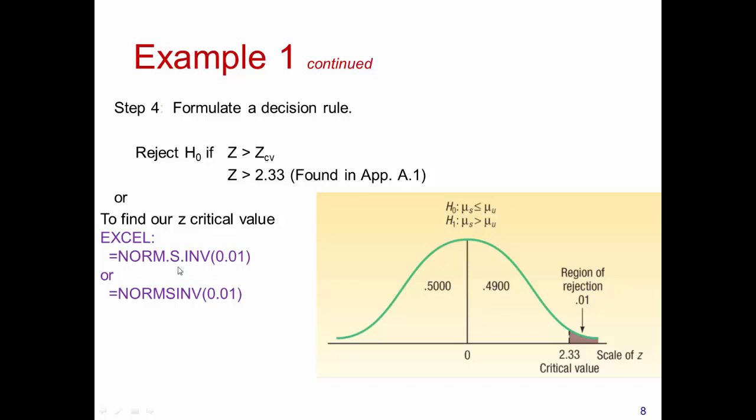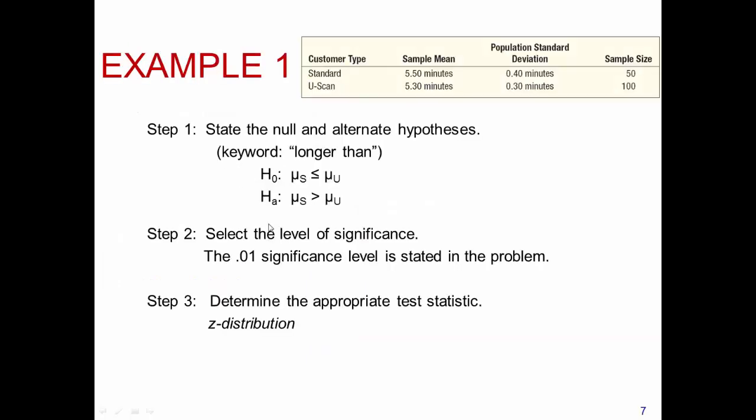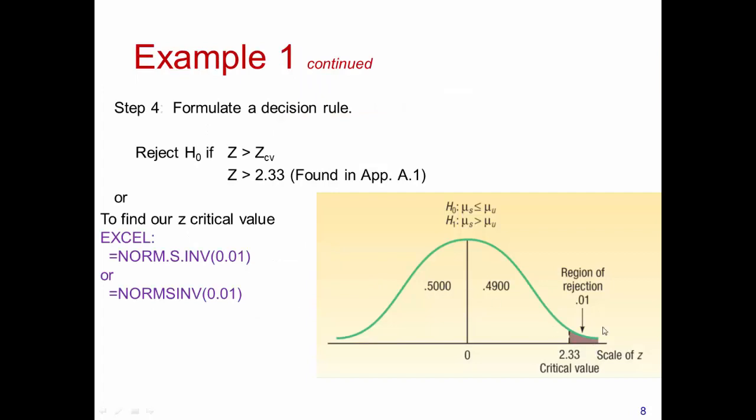I believe it was Excel 2010 that introduced it, or for prior versions it's NORMSINV, and then you just put the significance level in the parentheses and you'll get your value there. So just as we were saying before, the inequality sign of our alternate hypothesis pointed to the right, and our rejection region is to the right. So what's our next step?